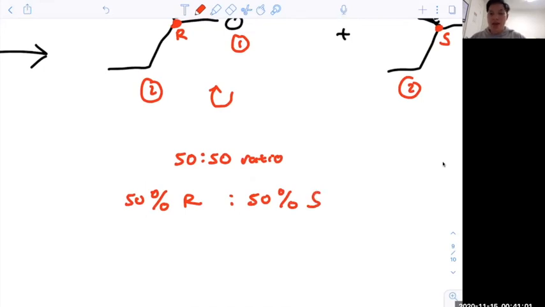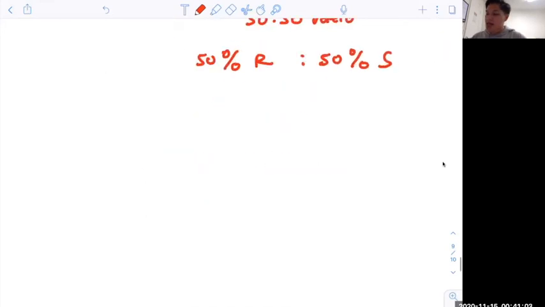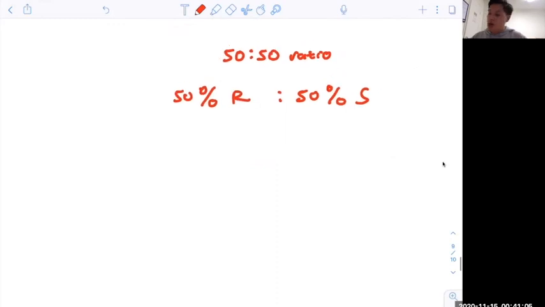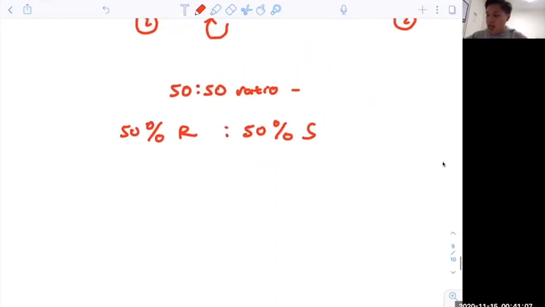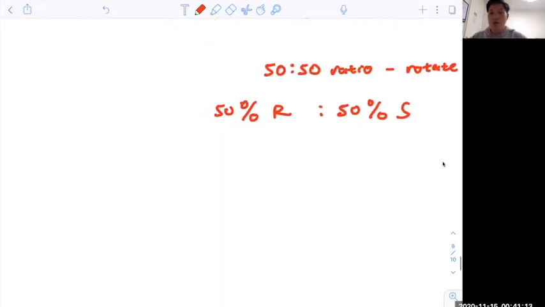So let's think about it in a physical type of way. We know chiral molecules can rotate light, right? So let's say our R rotates light to the right.